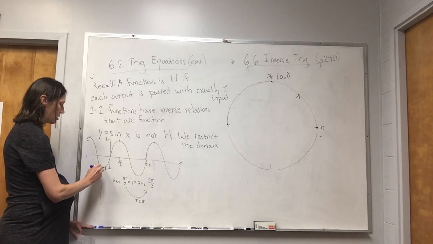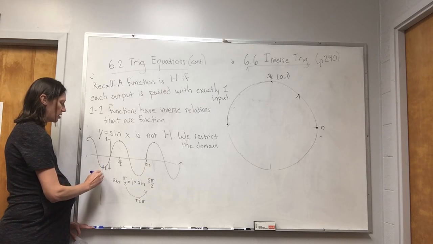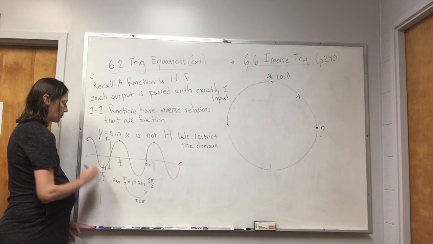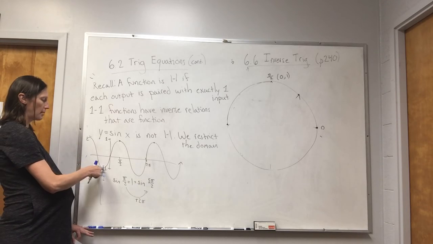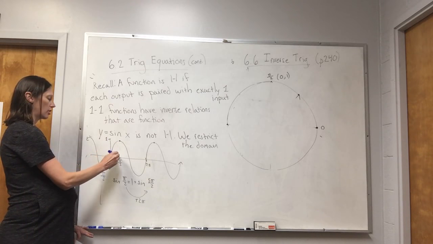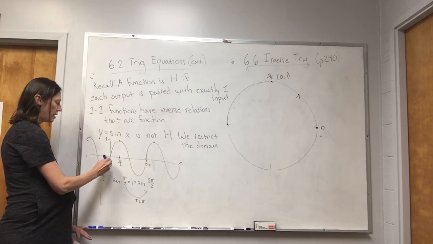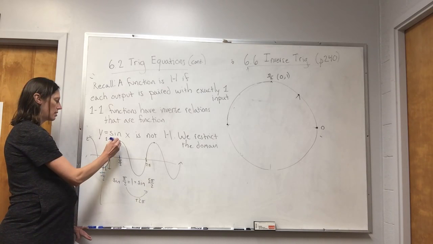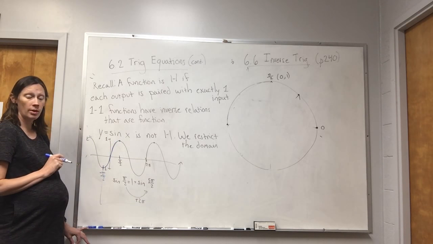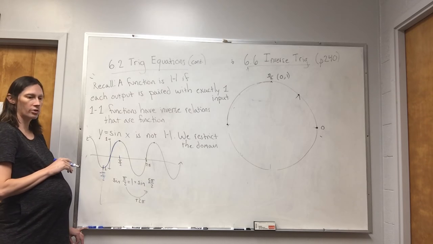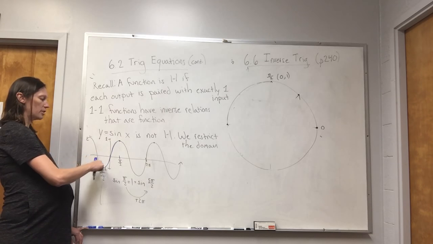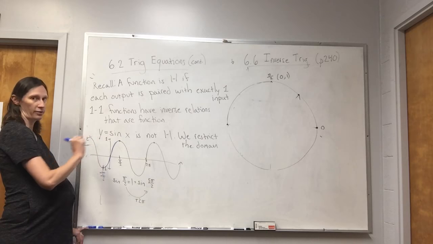Okay, so when I say restrict, and my choice is quite arbitrary here, but we always fundamentally make the same choice. I'm going to start my restriction at negative pi over 2. And I'm going to continue my restriction until pi over 2. So these values in here do pass horizontal line test, are 1-to-1, and if I'm talking about their inverses, I will have a function.